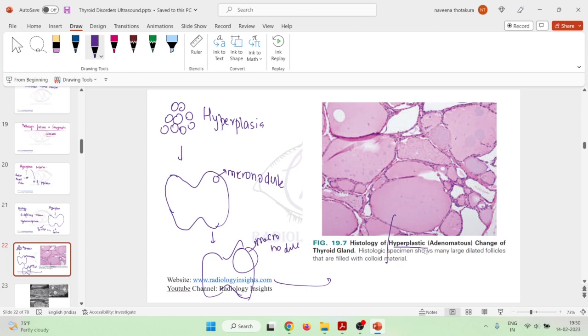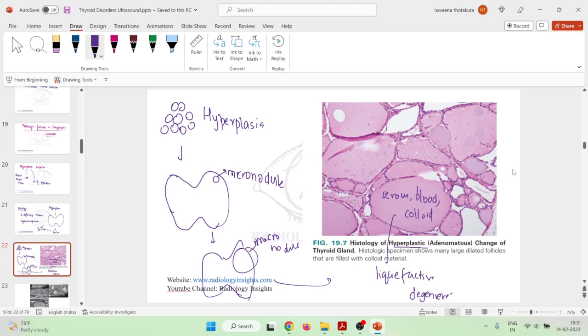liquefactive degeneration, which is the accumulation of either serous fluid, or blood, or colloid seen in the acini.